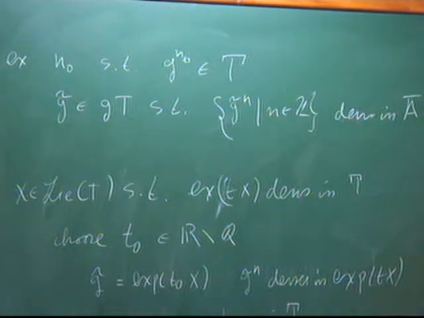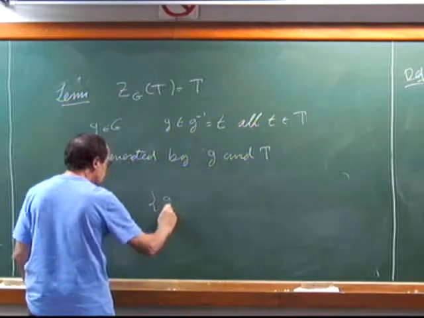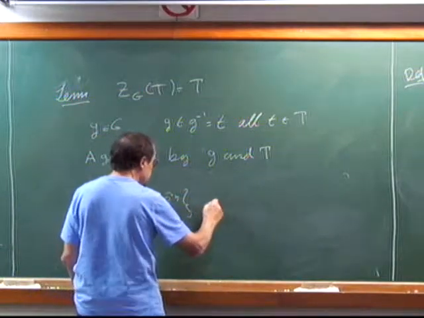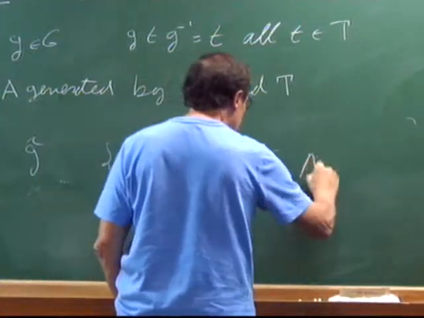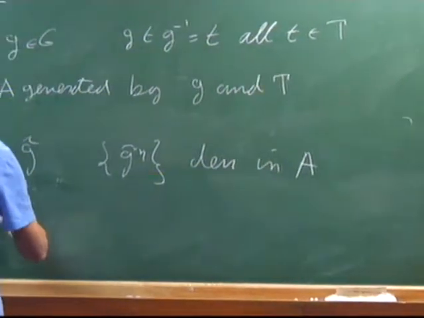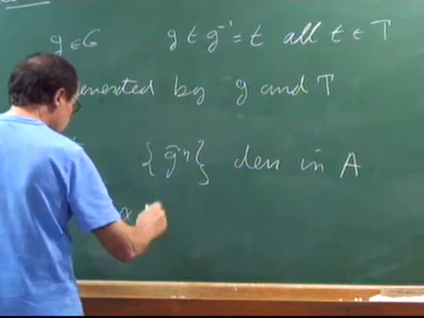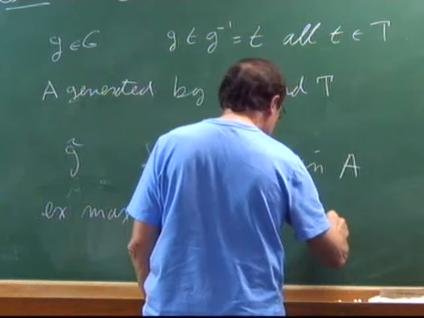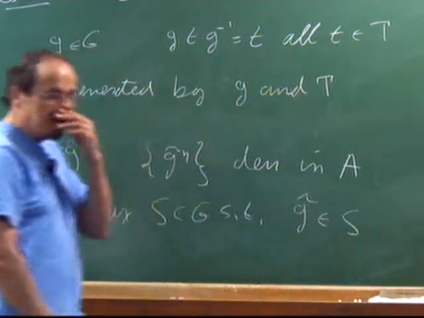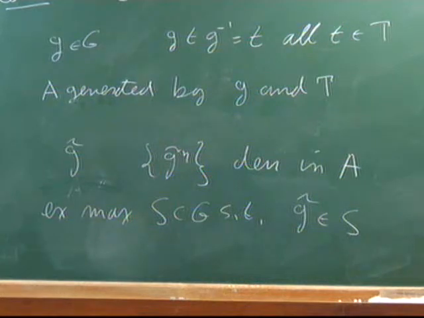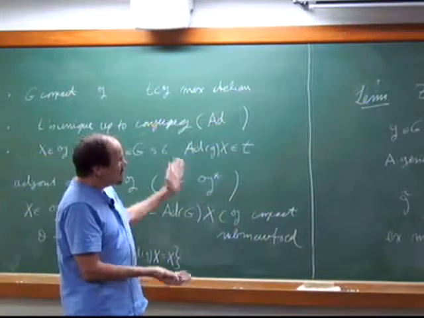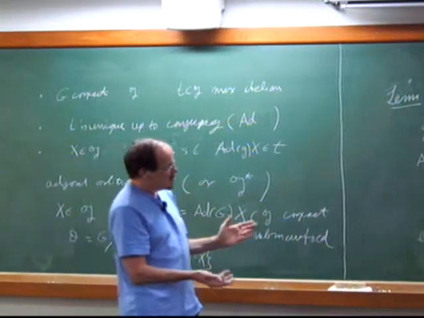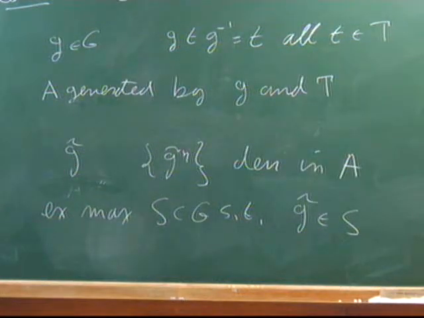There exists an element g tilde such that all powers are dense in A bar. Now I can say there exists a new maximal torus, let's call it S, such that g tilde lies in it. Because we know that given a maximal torus, every element is conjugate to something inside the maximal torus, as a consequence of this here. So just choose some maximal torus which contains g tilde. That's going to be different from the other maximal torus, but there certainly exists something like this.